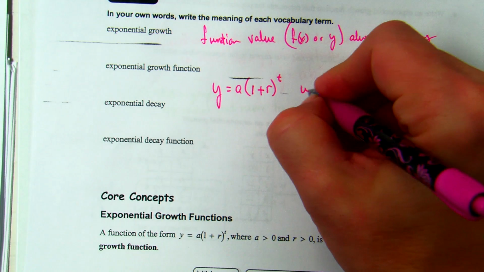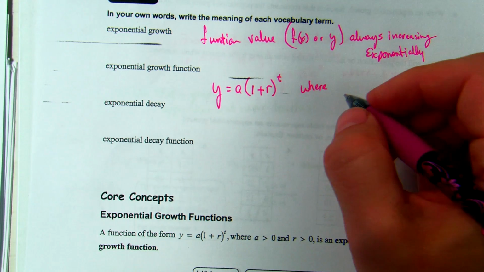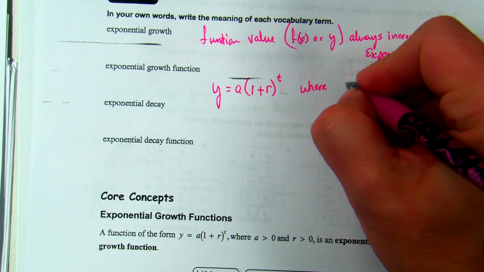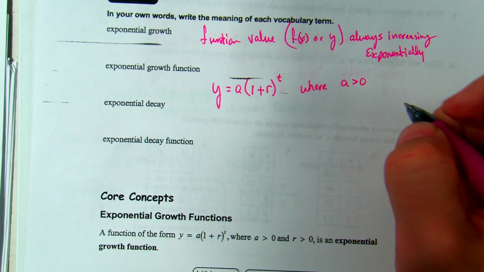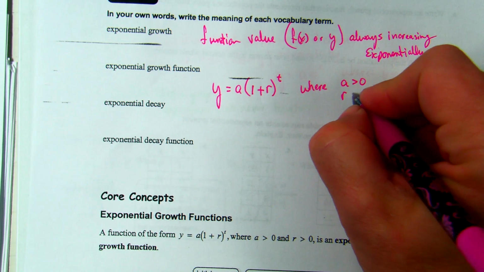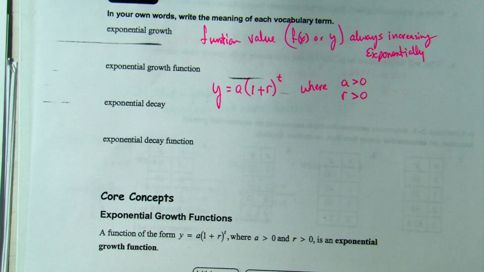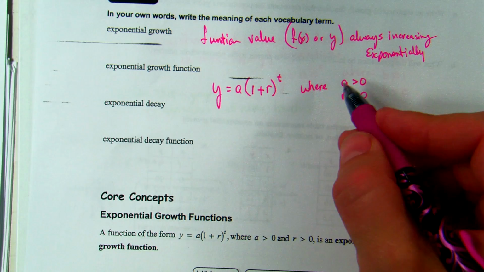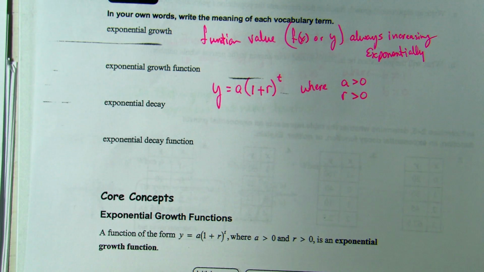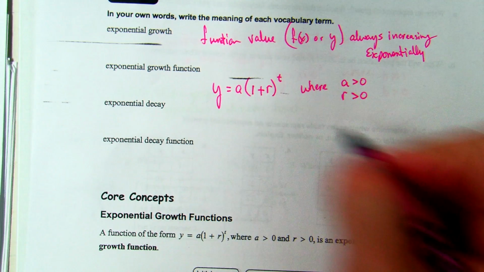And this is going to have some stipulations too, or conditions, where a is greater than 0 and r is greater than 0 as well. Okay, so a greater than 0, r greater than 0, and this is our function.